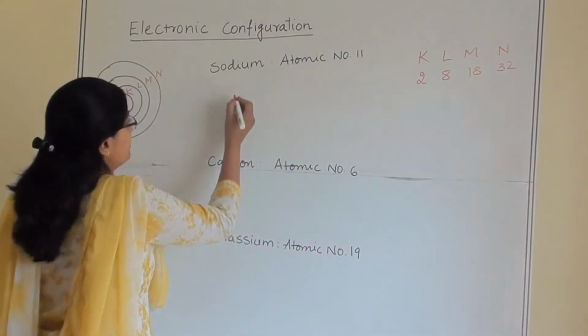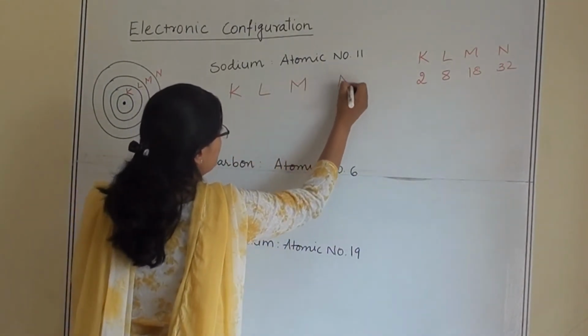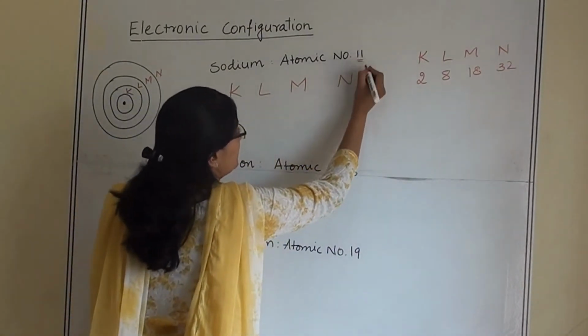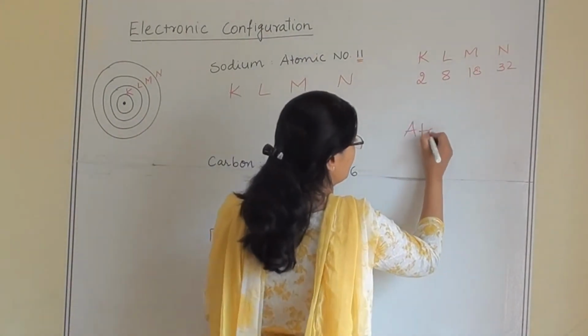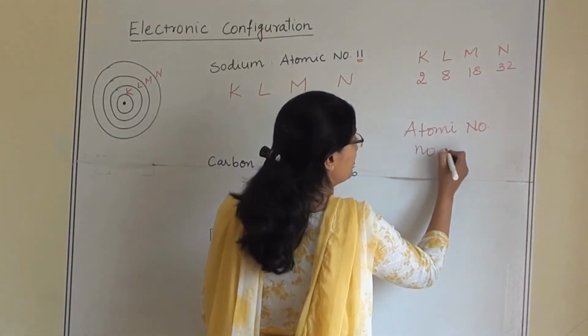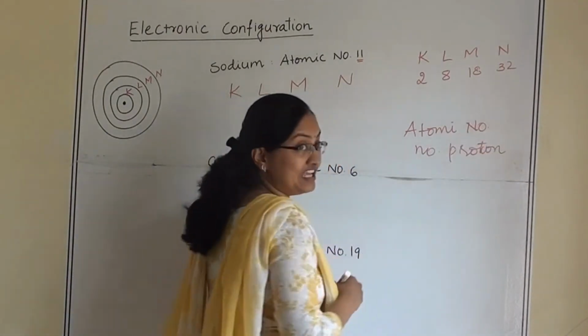So let us write the electronic configuration for sodium. This is K, L, M and N, and the atomic number is 11. What is an atomic number? Atomic number is the number of protons of any element.